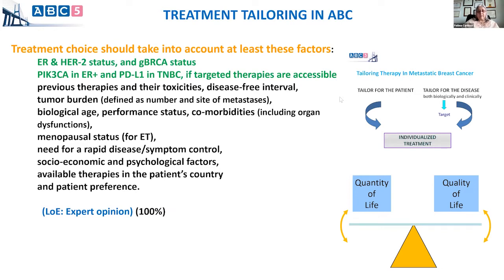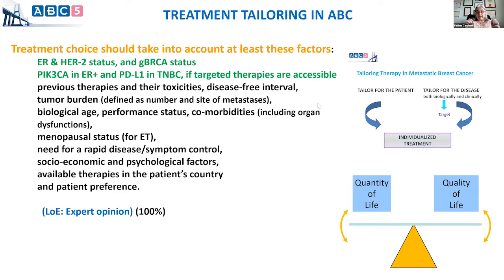And then there are some other factors that are important: socioeconomic, psychological factors, available treatments. You will be discussing this later on. Availability is, of course, something very important, and always patient preferences, because everywhere the patient preferences is important.